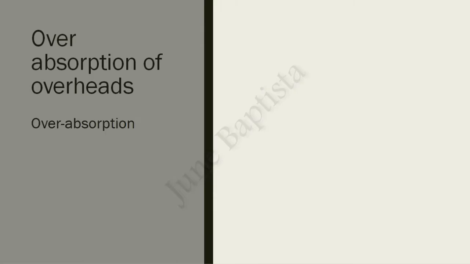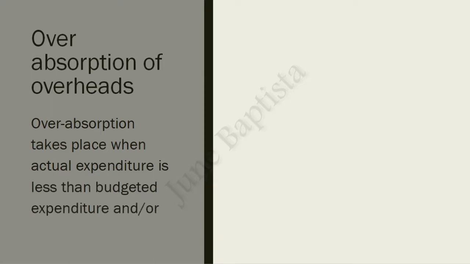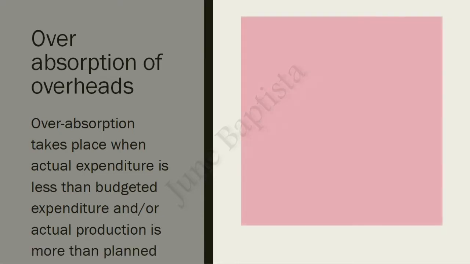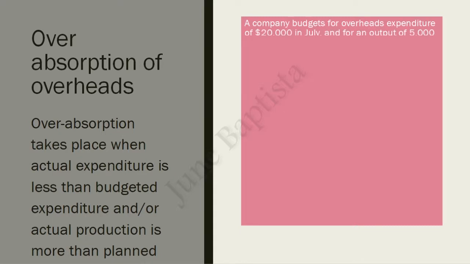Overabsorption. Overabsorption takes place when actual expenditure is less than budgeted expenditure and/or actual production is more than planned. Let us look at an example from my book. A company budgets for overheads expenditure of $20,000 in July and for an output of 5,000 units. The OER is $3 per unit. This is your budgeted OER. Calculate the overabsorption of overheads in each of the following cases.